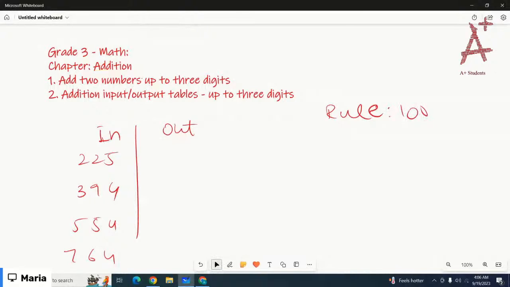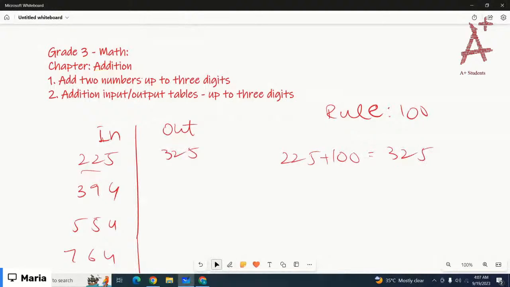That means you have to add 100 to each number in the input column, starting with the first number, 225. So 225 plus 100 is 325. So here you have 325, right?